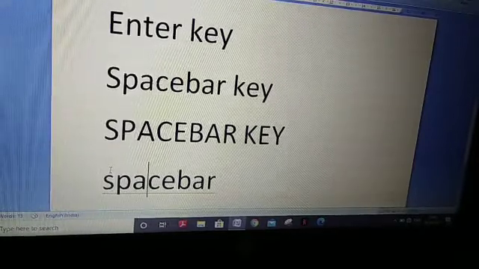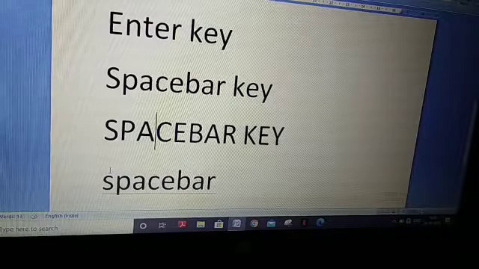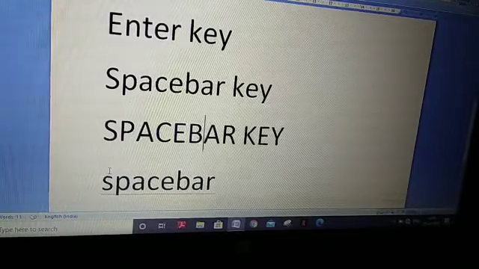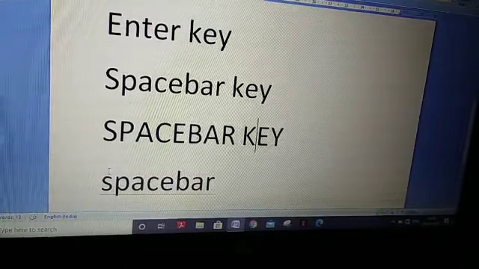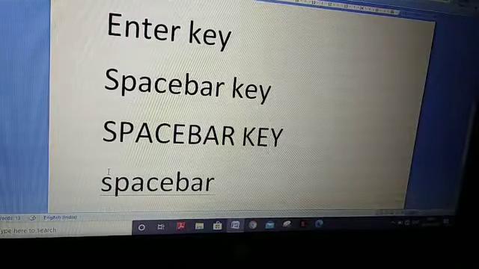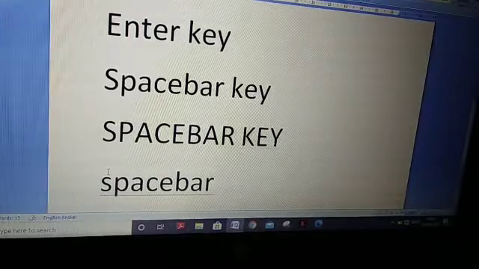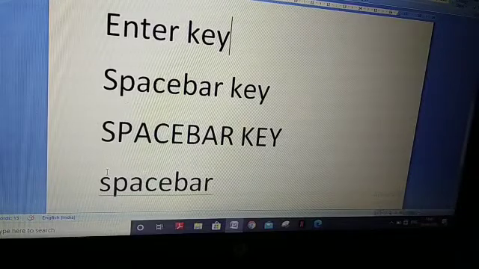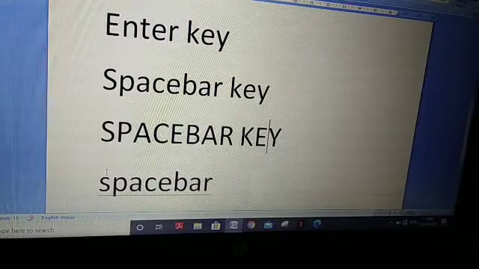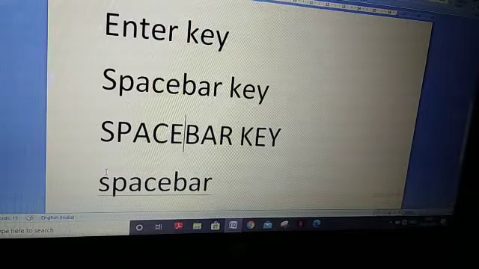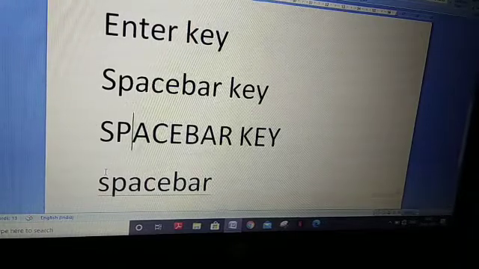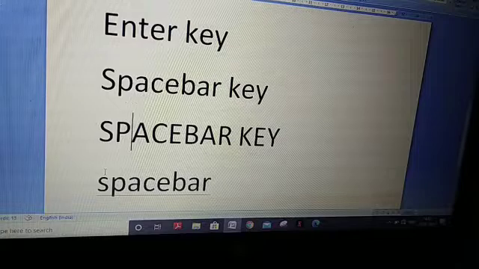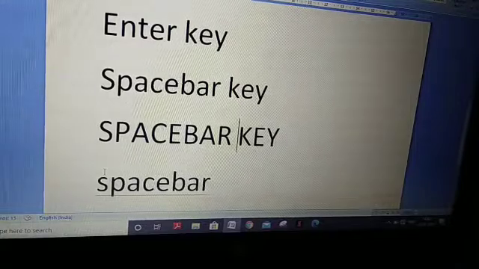And to move the cursor to the right side, we use the right arrow key. Simple, no? To move up, up arrow key. To move down, down arrow key. To move left, left arrow key. And to move right, right arrow key.